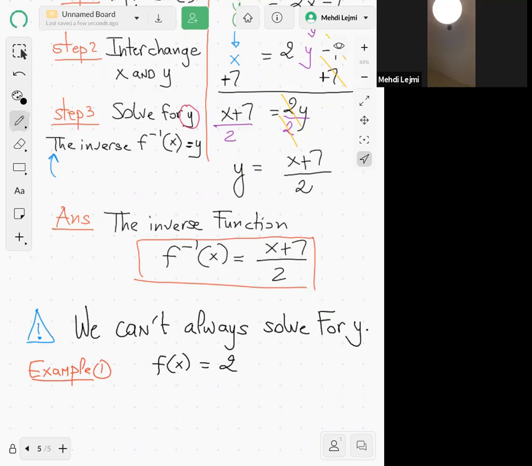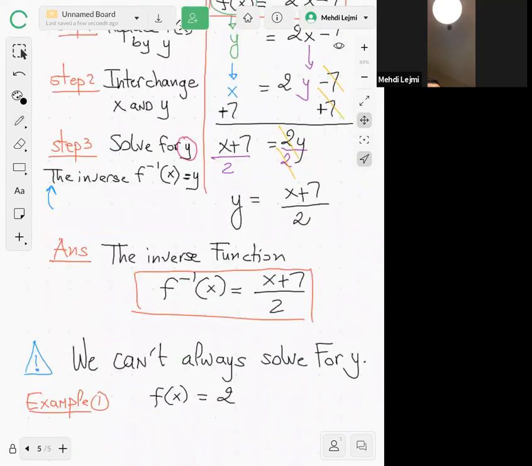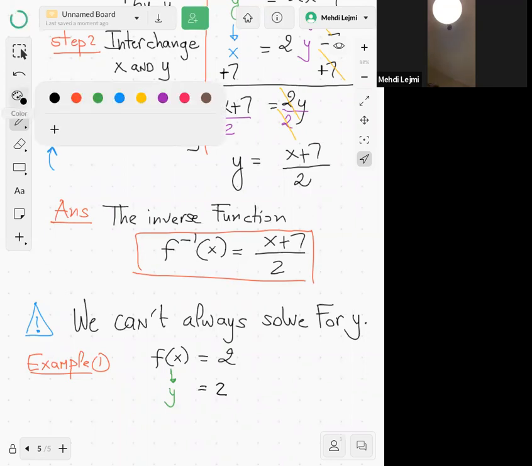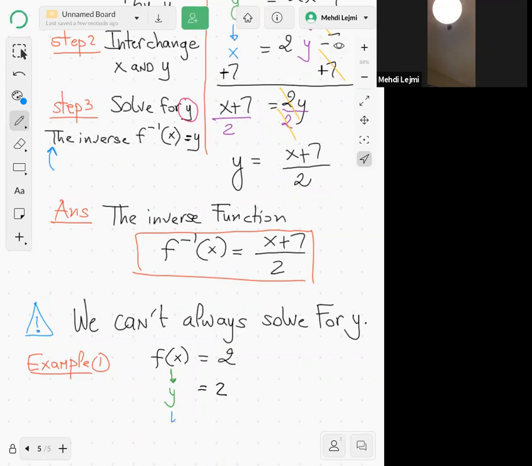So if I follow the steps, first I said you replace f of x by y, right? So this f of x here becomes y. So now it's like y is equal to 2, right? And then you're supposed to interchange x and y. So this y here becomes x, and x becomes y.